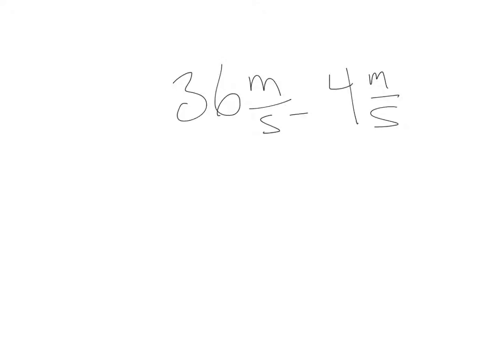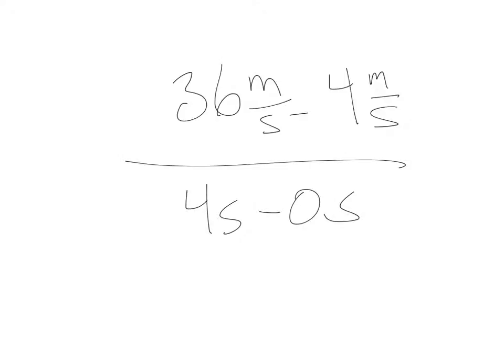Okay, so plugging into our equation, we have velocity final, 36 meters per second, minus velocity initial, 4 meters per second, divided by 4 seconds minus 0 seconds. And we end up with 32 meters per second over 4, which gives us 8.